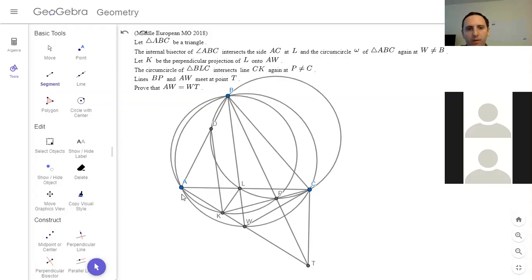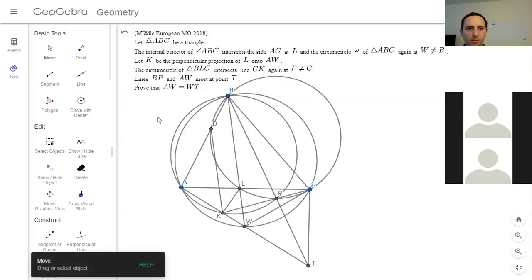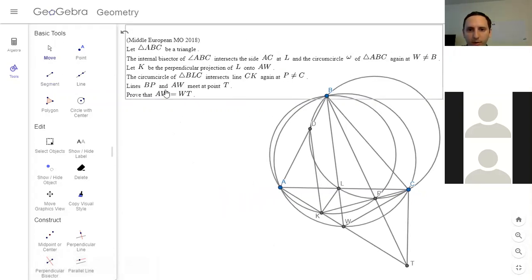So okay, I'm going to start out by proving what you mentioned. How did you prove that KL is the angle bisector? We know L is the midpoint of arc CD, since BL is the angle bisector of angle DBC. And then we'd also have to show that CD is parallel to AW.